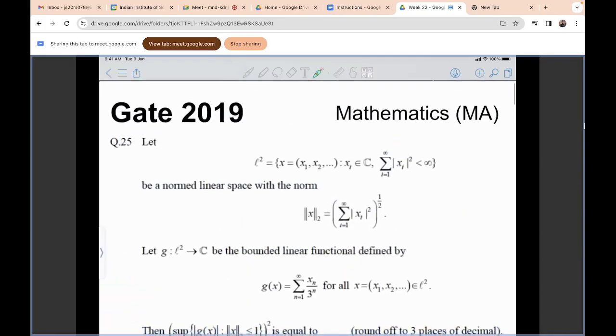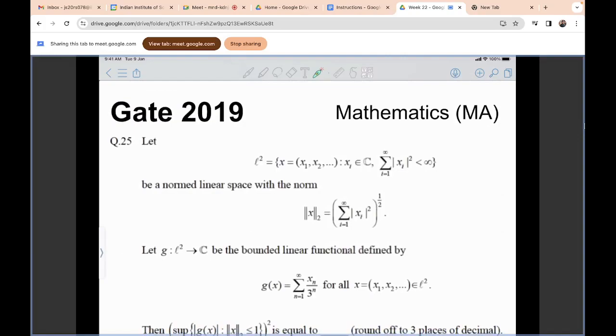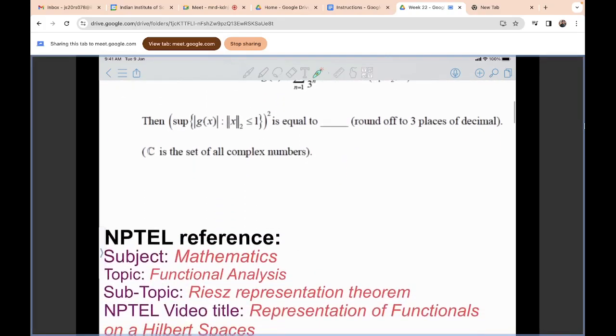Okay, so let's try to solve this one. L2 is given; this is a sequence space.